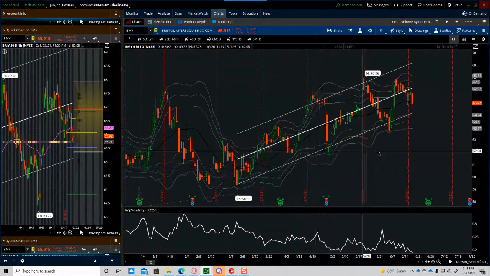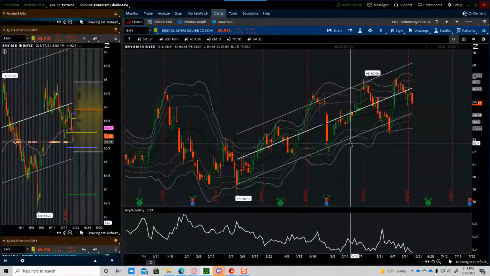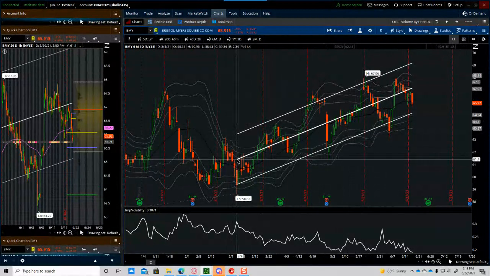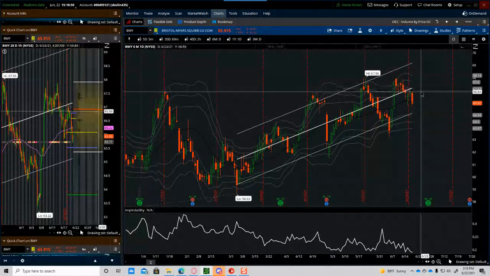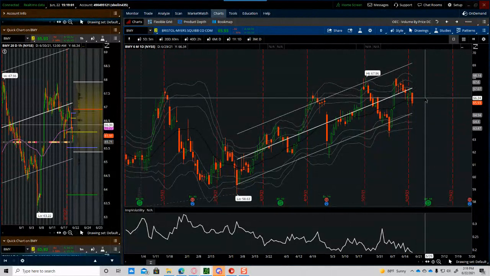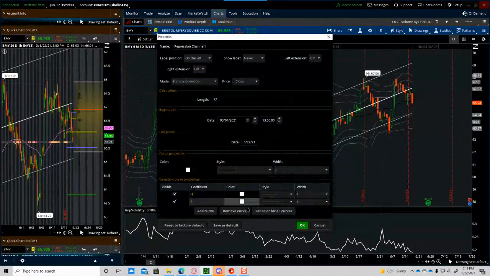Now, Thinkorswim's channel, when it comes to linear regression, is still going to count every single one of the candles that I've got defined here. And this is a drawing, so we'll have to go in and see what the standards are. We're using a 1 standard deviation coefficient right here. We could change it to a 2, a 3. We could redraw the thing, right?